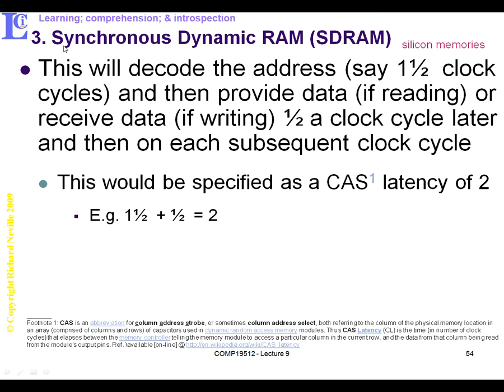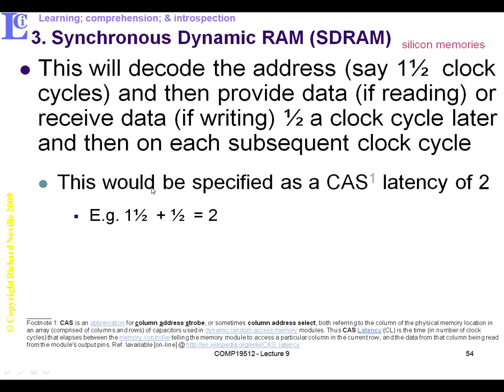So this is done with synchronous DRAMs by decoding the first address, the base address, in 1.5 clock cycles, and then reading subsequent addresses every half clock cycle. So we can read more data by decoding one address, and then the addresses next to it we can read much faster.